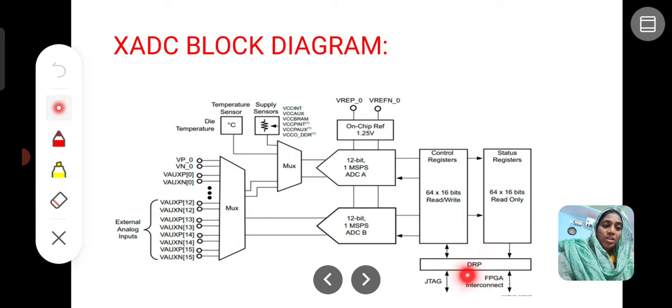DRP is the dynamic reconfiguration port. Read and write is bidirectional, whereas read only memory is unidirectional. The DRP's output we connect to JTAG, to the outside world. So this is the block diagram of the XADC of the Artix-7 FPGA.